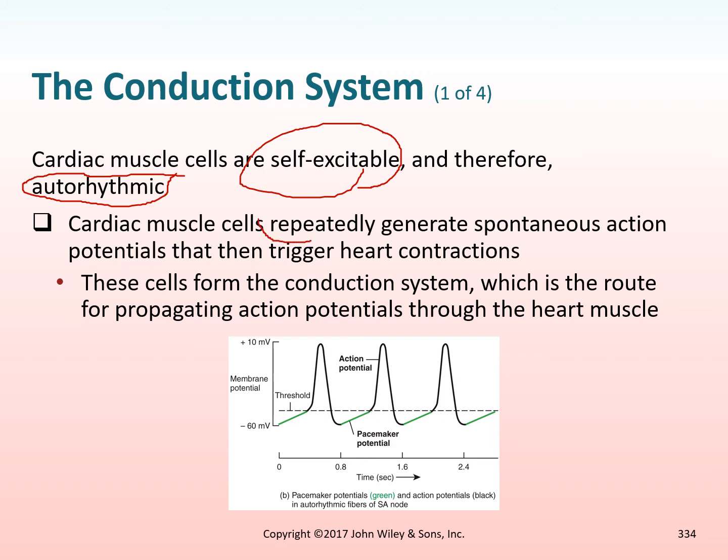Yes, they repeatedly generate every second or so in adults spontaneous action potentials due to what's called the leakage. This pacemaker potential is nothing more than leakage of sodium into the cell. Sodium leaks into the cell, triggering at this point sodium voltage gated channels to open.